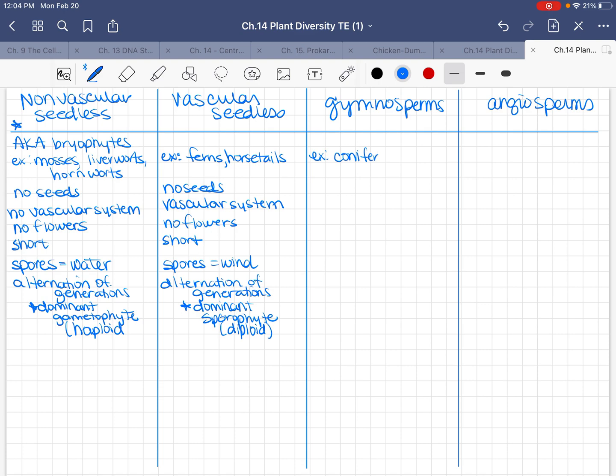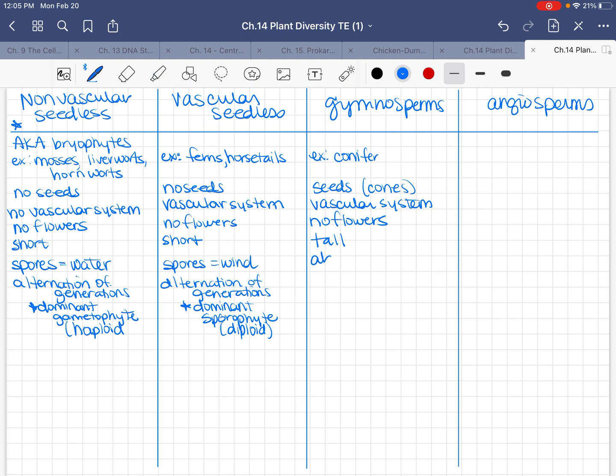Our best example is our pine trees. They did have seeds, and their reproductive structures were found in cones. They do have a vascular system. They still have no flowers. They could be much taller.